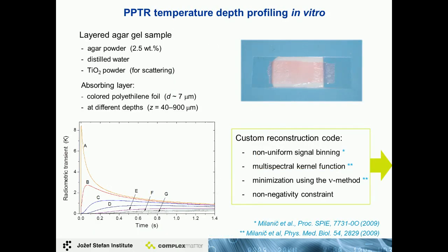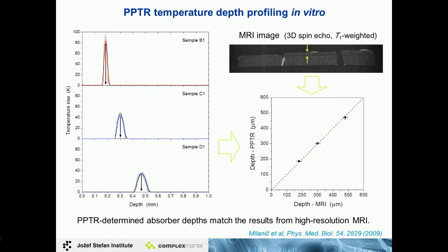Okay, our group and some others have spent years on this problem, and by introducing several advancements, we have shown, for example, in in vitro studies of some collagen-based phantoms mimicking optical and thermal properties of skin, that we can assess the depth of the included absorbers quite accurately, based on co-registration with high-resolution MRI in 3D.